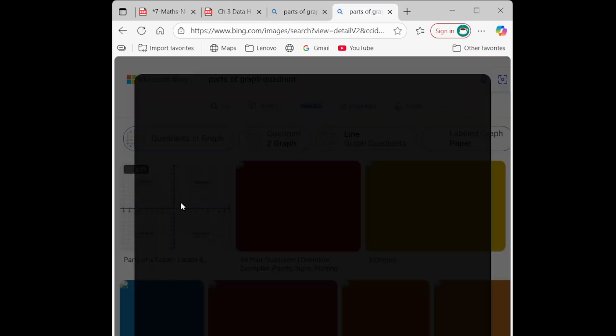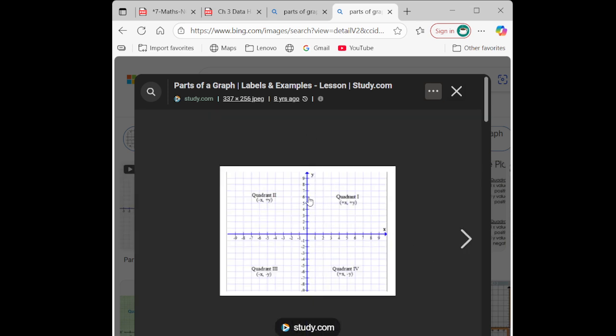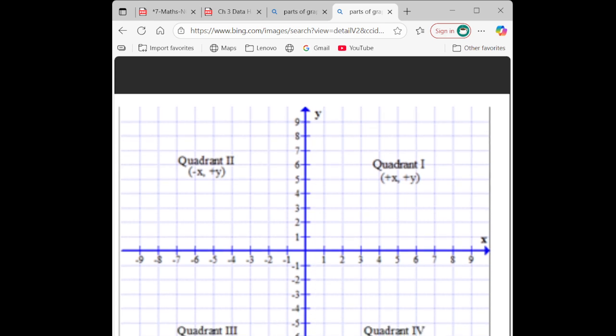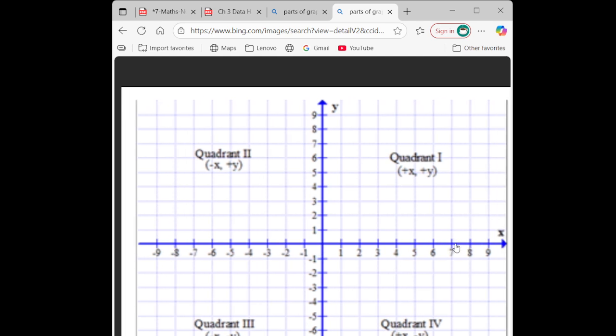So see, I'm showing you just one thing here. These are the quadrants of the graph. Here, this whole line is known as y-axis, this whole line is x-axis. Now as you remember the number line, you know that on x-axis there are positive numbers, on this side there are negative numbers, and here this one positive y-axis and this is negative y-axis.